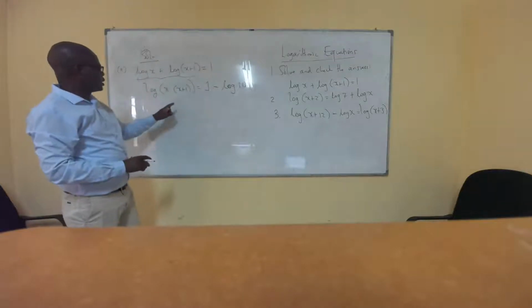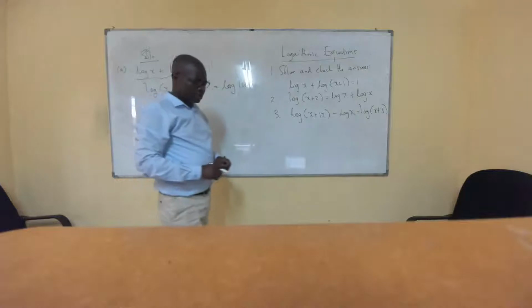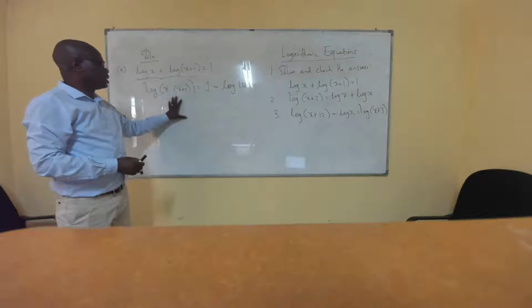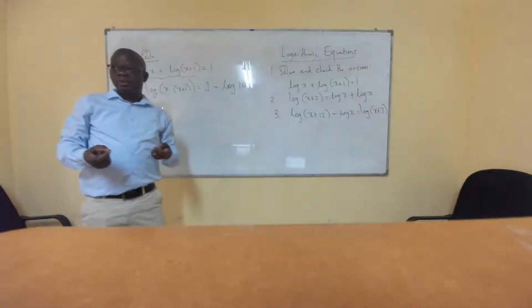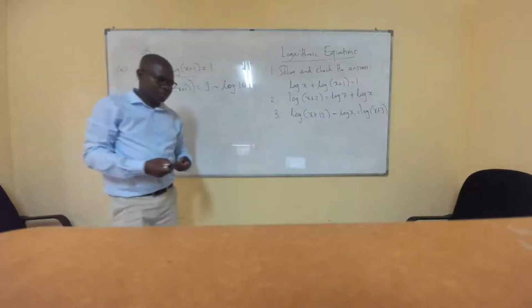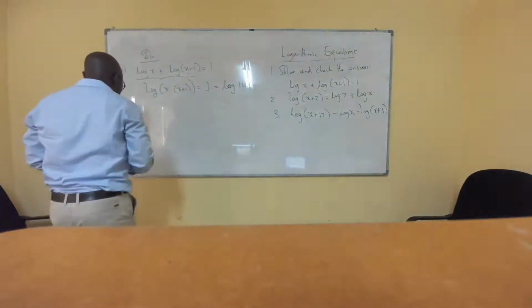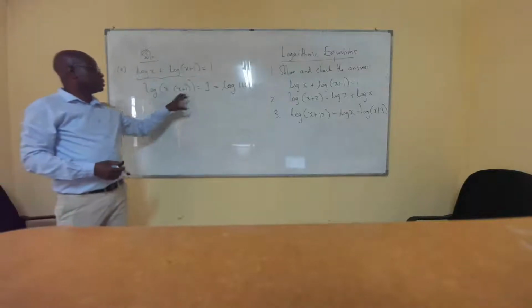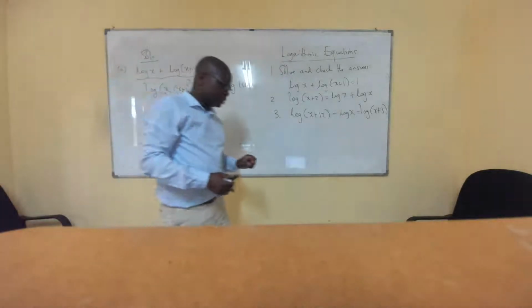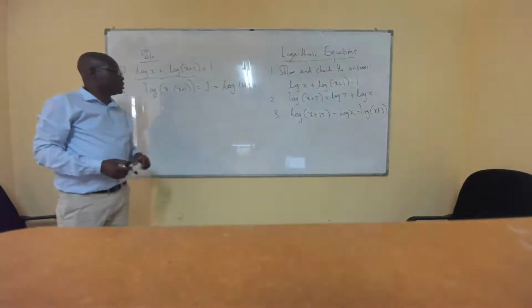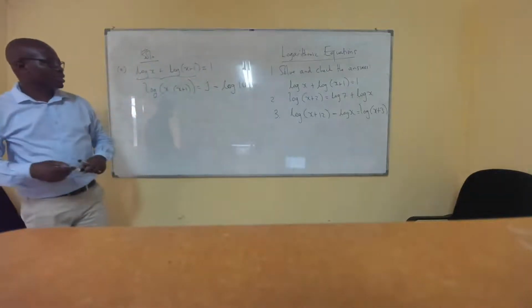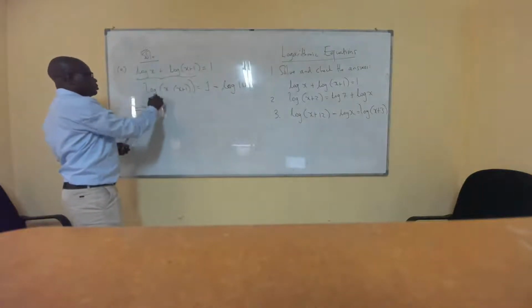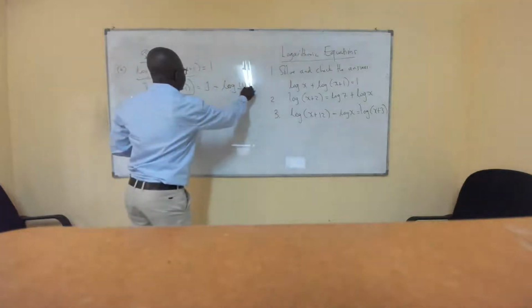Okay? So then we can now use the fact that the log function is 1 to 1. So meaning that whenever we have 2 points in the range that are equal, then when we look at the domain, the points that are sent to that number should be the same. So in this particular case, it means the arguments must be the same.